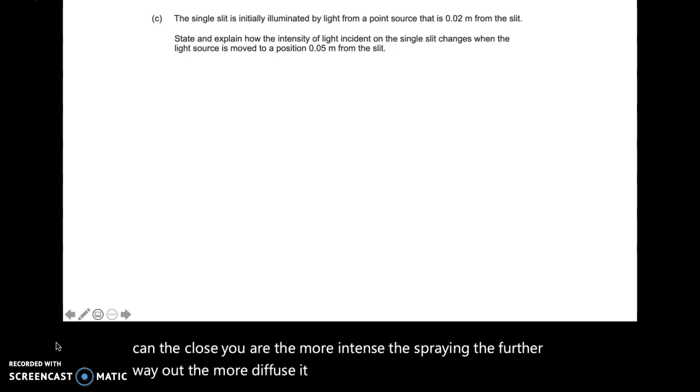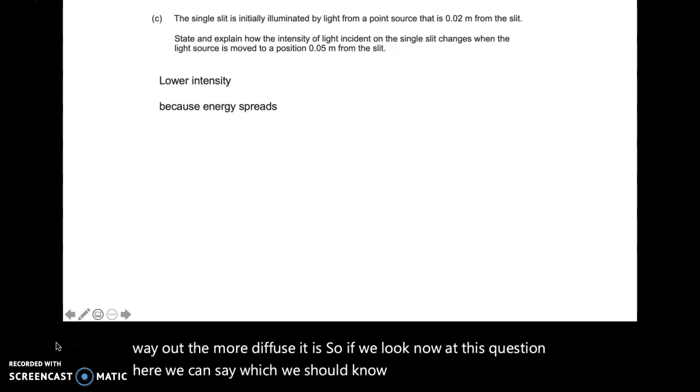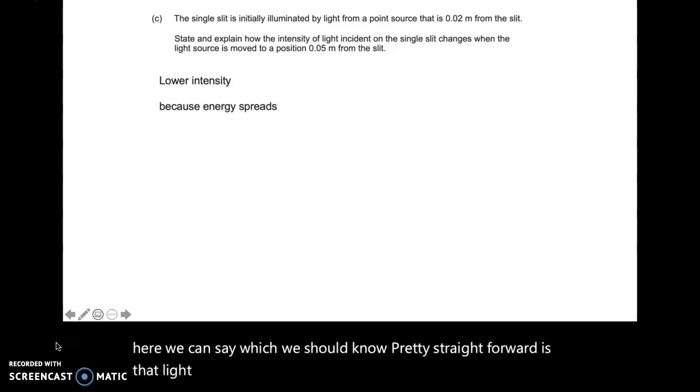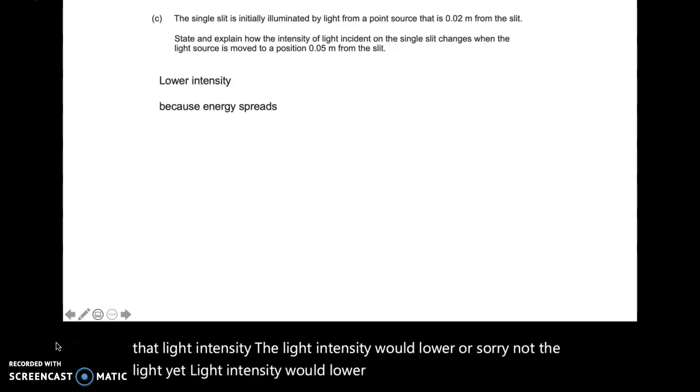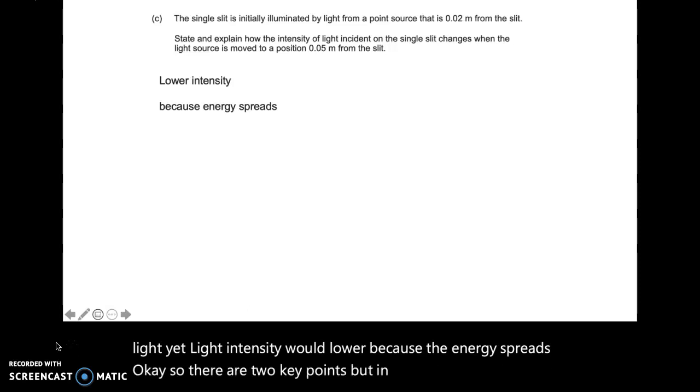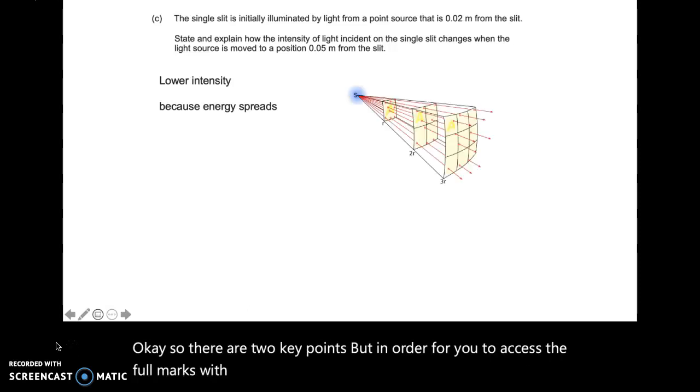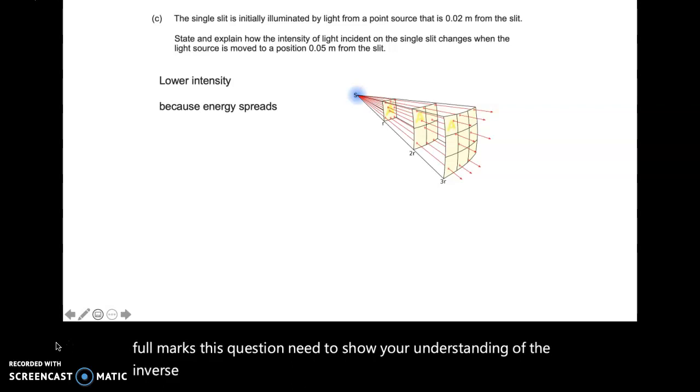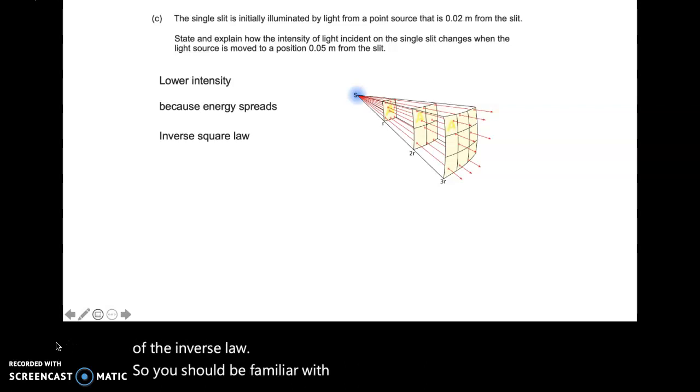So if we look at this question, we can say, which we should know pretty straightforwardly, that the light intensity would lower because the energy spreads. Okay, so those are the two key points. But in order for you to access the full marks of this question, you need to show your understanding of the inverse square law.